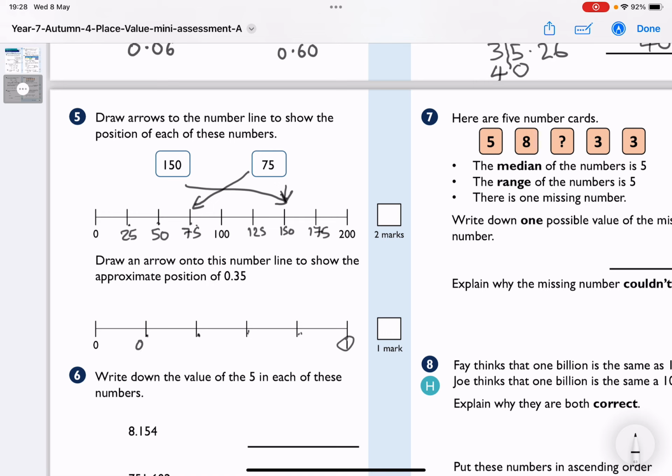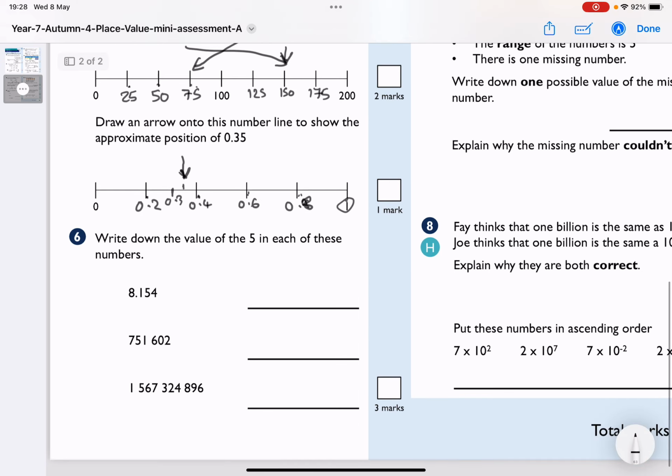Oops, draw that one a bit better. Then think about the halfways. So halfway between 0.2 and 0.4, that will be 0.3. And then I'm going about halfway again, so somewhere in there. This is an approximation.